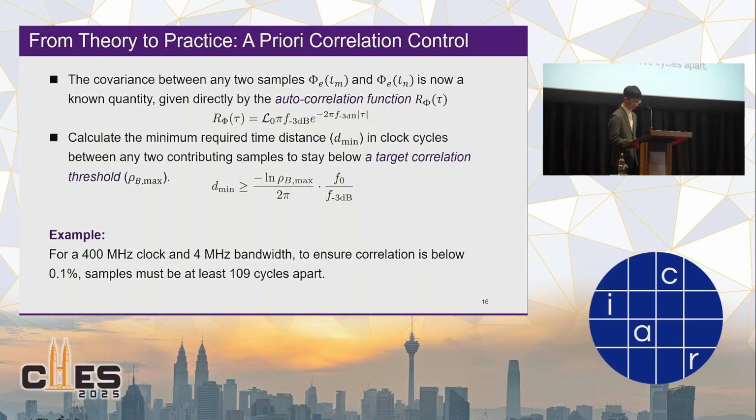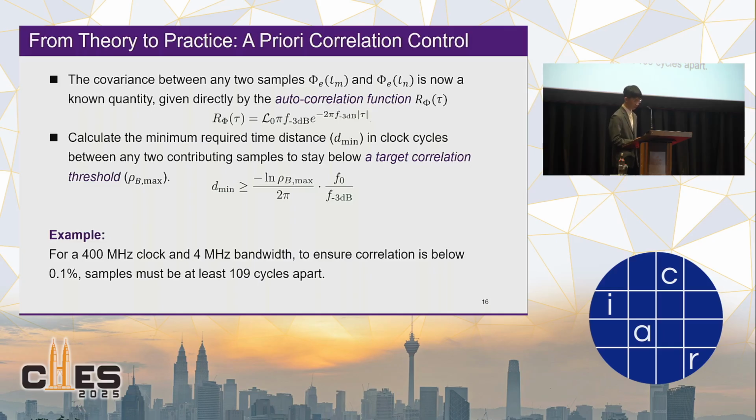Another real power of this model is that it gives a predictive tool for the designers. We can now calculate the phase correlation, and we know it is the upper bound of the actual bit correlation. So we can derive a straightforward formula for the designers. A designer can now specify a security requirement.